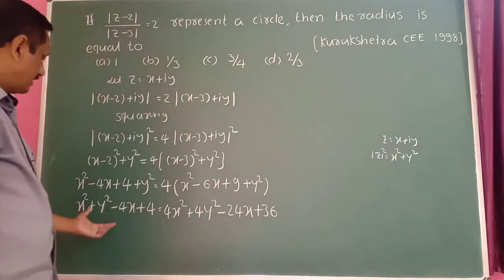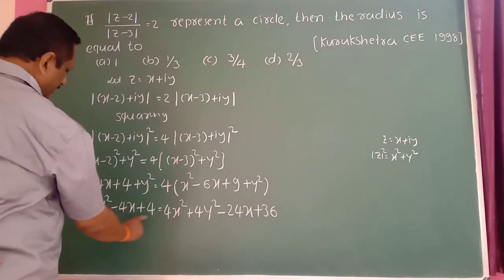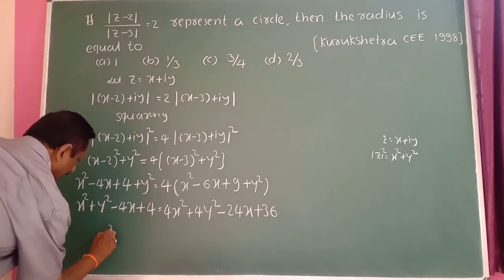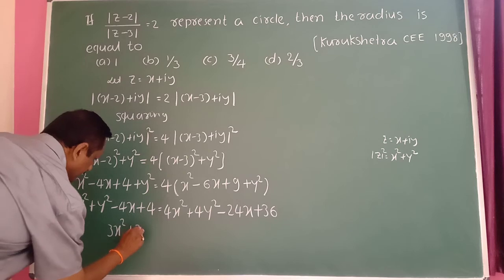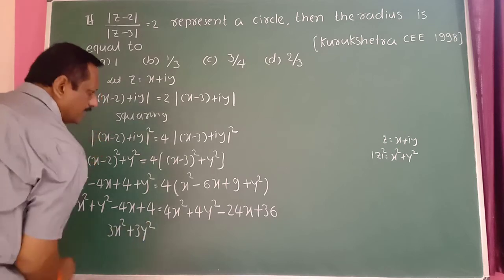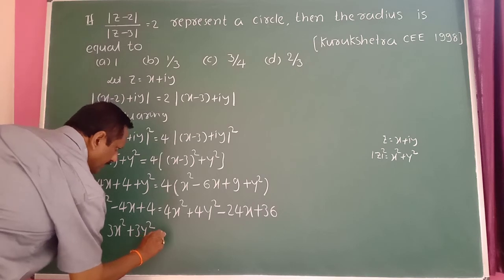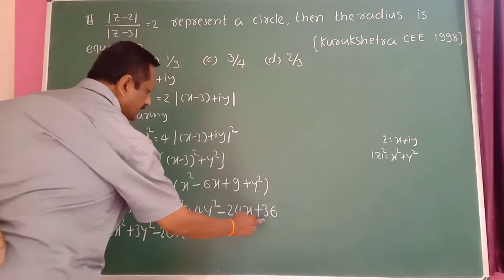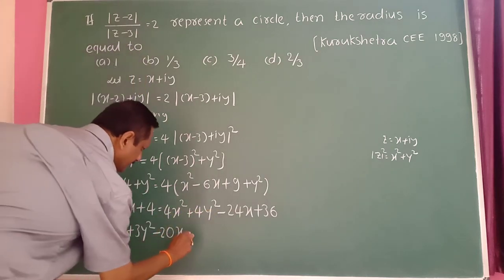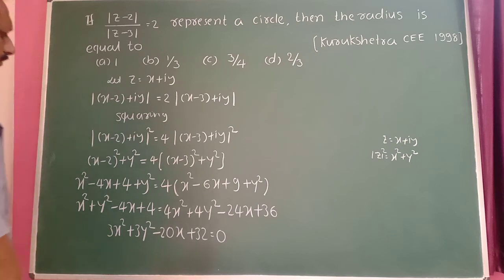Take all the terms to the right hand side. 4x square minus x square gives 3x square. 4y square minus y square gives 3y square. Minus 24x plus 4x gives minus 20x. 36 minus 4 becomes plus 32, equal to 0.